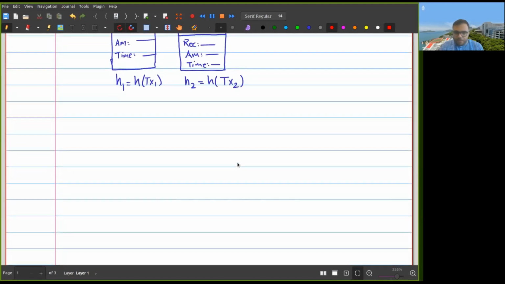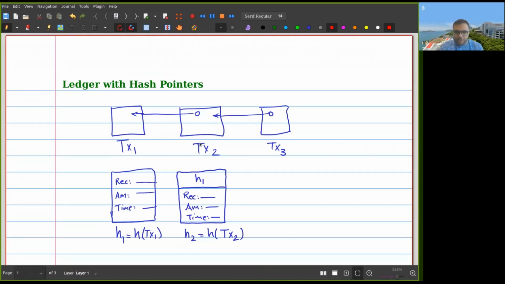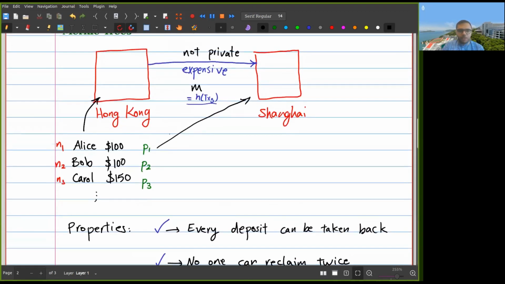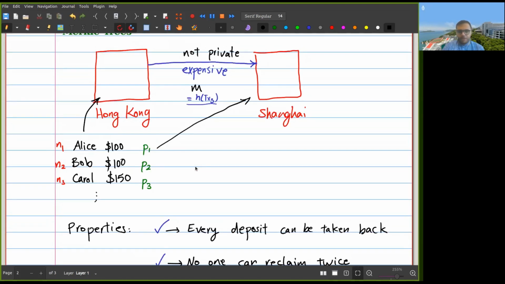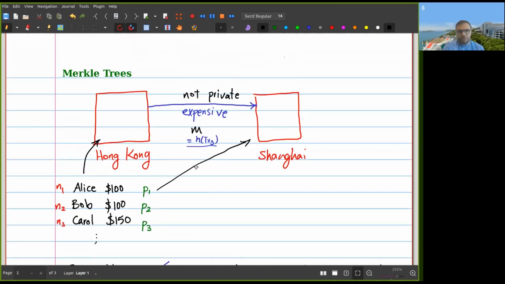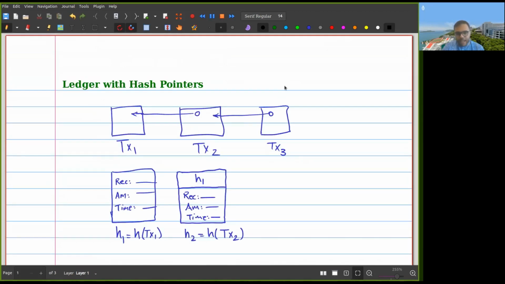Okay. So if you look here at this ledger, it's pretty much like a linked list, right? So you've all passed basic data structures. This is a linked list. The only difference is that my pointers are not normal pointers, they're hash pointers. And basically, the problem that I'm trying to solve here is a search problem, right? So if you just think of it as a data structure, the Hong Kong branch is giving you a pointer to the very last item in your linked list.